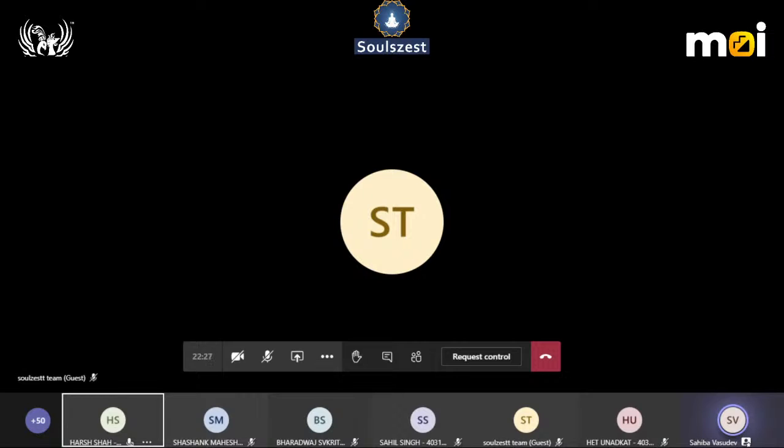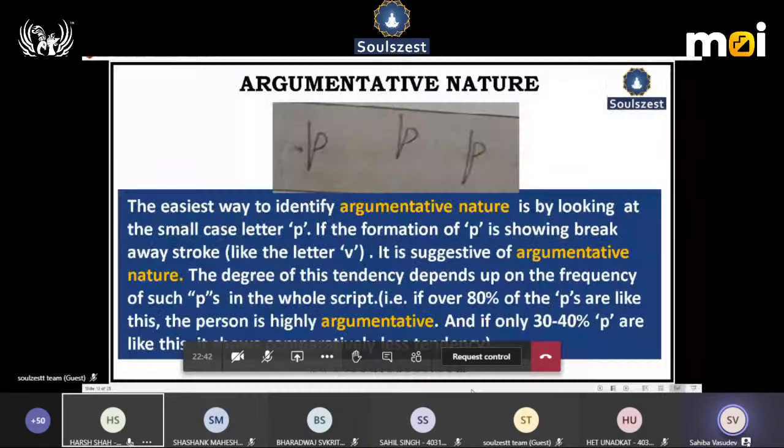Okay. Next is, how do we come to know that the person is enthusiastic, has a lot of excitement? By looking at the letter T. So the T bar becomes long.